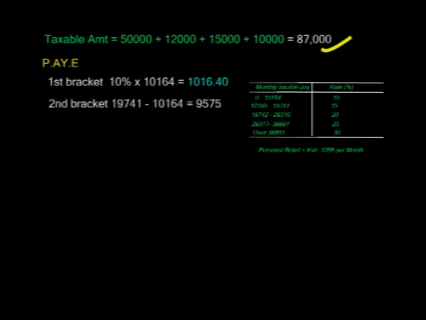In the second bracket, we tax all the amount between 10,164 and 19,741. The amount in between is 9,575. I need 15% of that. That gives me 1,436.25 cents.